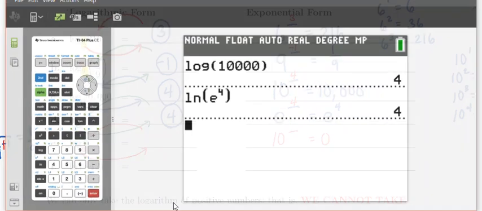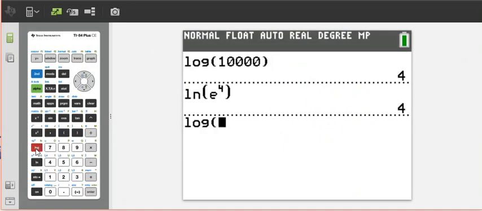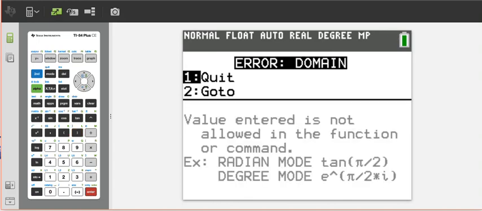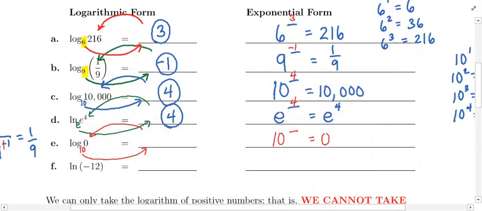Well, let's take a look at the calculator. I've got to hit log, not ln. Log of 0. Guess what happens? You get a big error message. So this is actually undefined. There is no power you can raise 10 to to get 0.